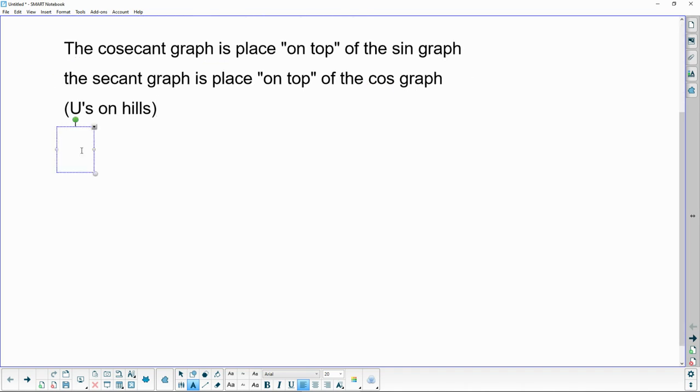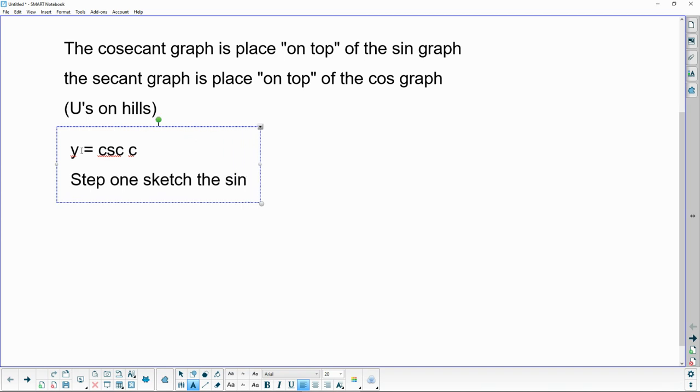So we're going to do y equals cosecant x. Okay, so step one, sketch the sine graph, in pencil, we'll say.